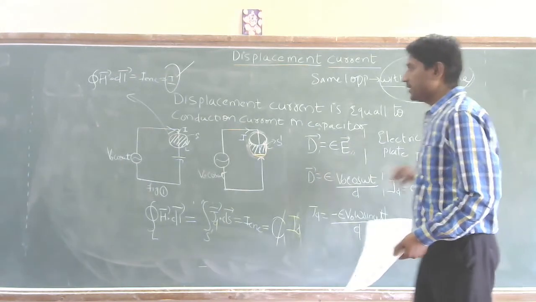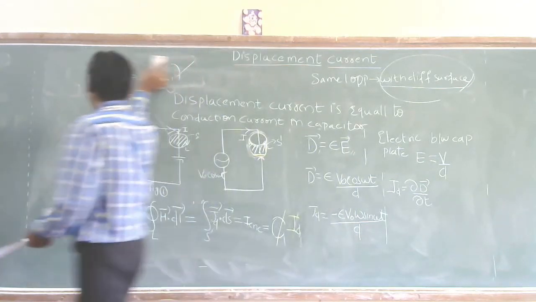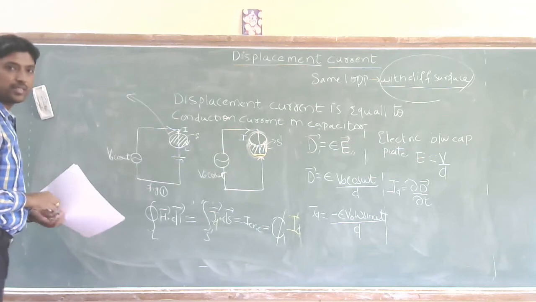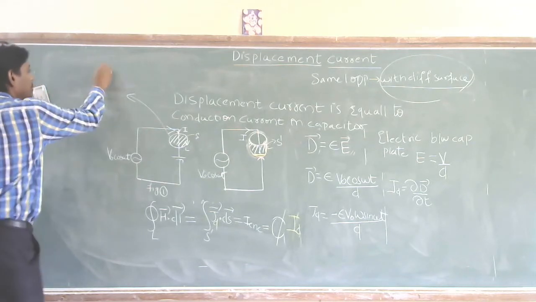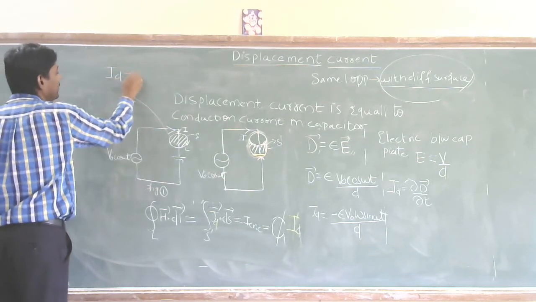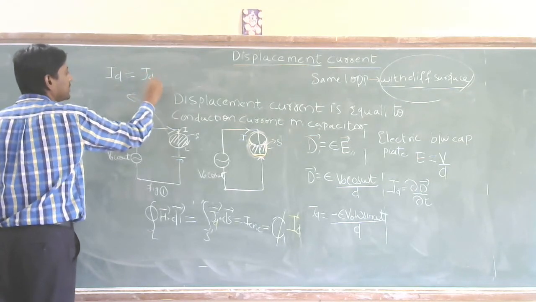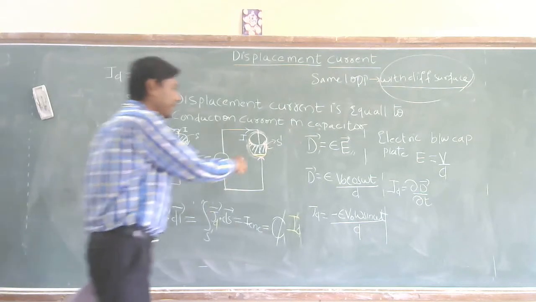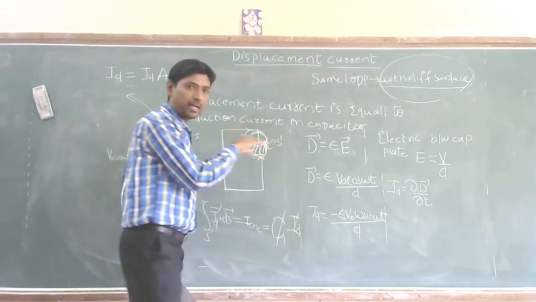If that is the case, we can find the current by simply multiplying the current density with the surface area. So ID will be equal to JD times the surface area, and I have taken a parallel plate capacitor.